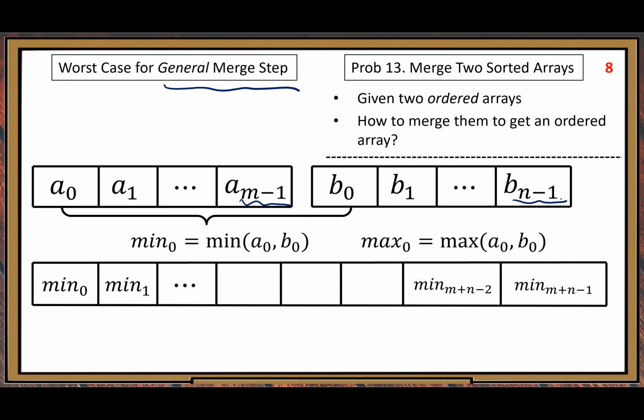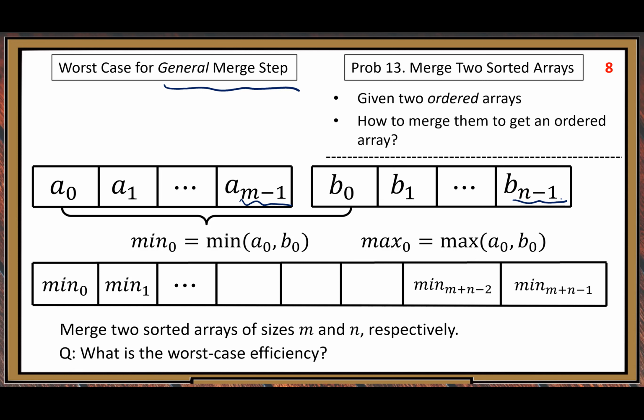So let's get the similar answer. Merge two sorted arrays of sizes m and n, respectively. The worst case solution is m plus n minus 1. The reason is the same, because for the last element, no comparison.